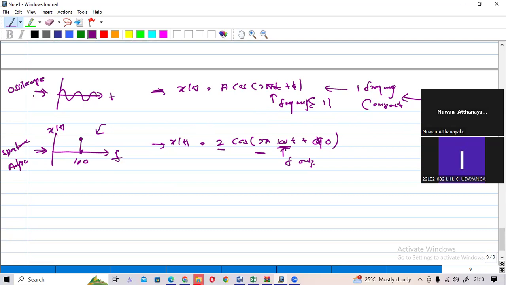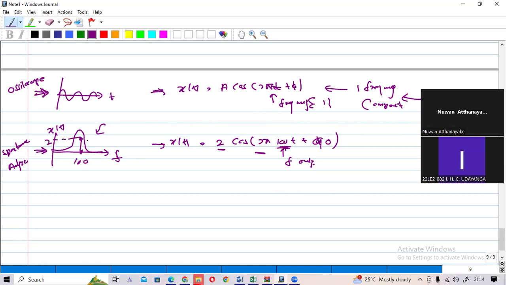Oscilloscope, you will see this kind of one. Spectrum analyzer, you will see this. Did you get it? The spectrum analyzer will only show this frequency, this kind of peak. So here 2 volt.